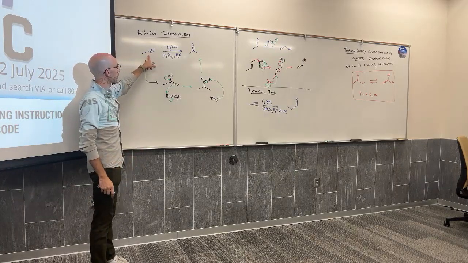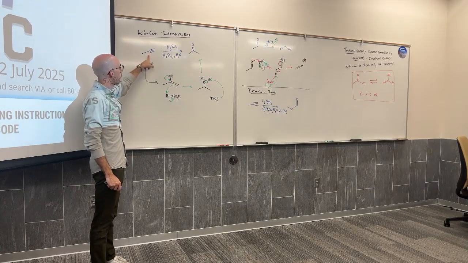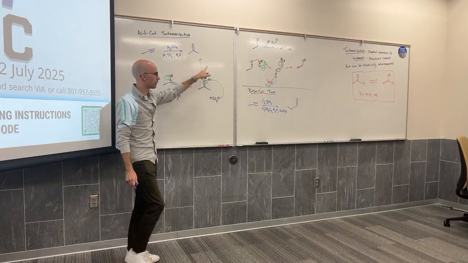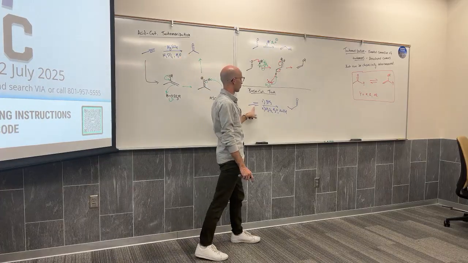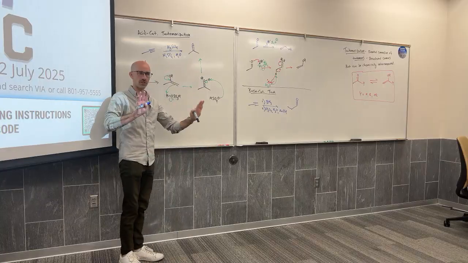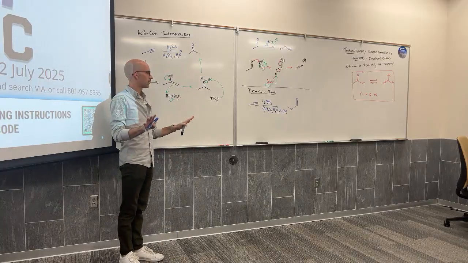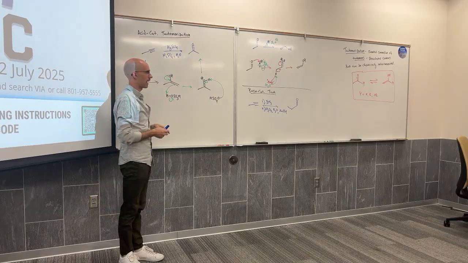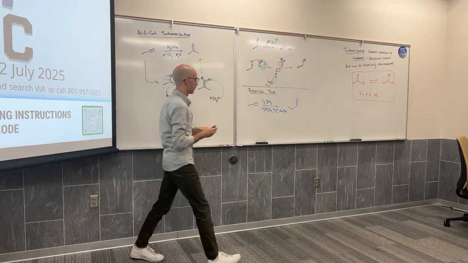Same starting material in oxymercuration gave us a ketone. Same starting material in hydroboration oxidation gives us an aldehyde. So that's just a review of what we already knew, the regiochemistry of our alkyne hydrations.